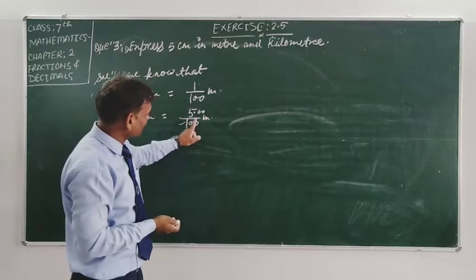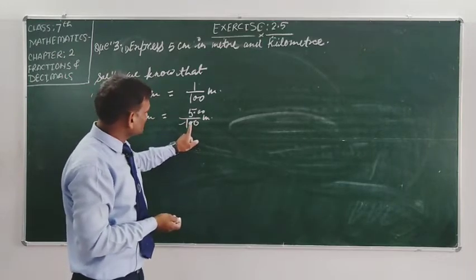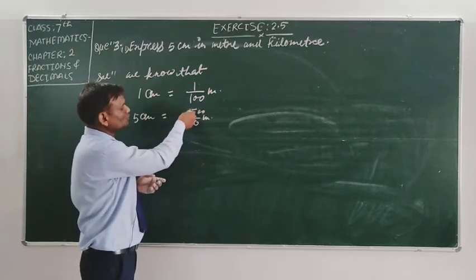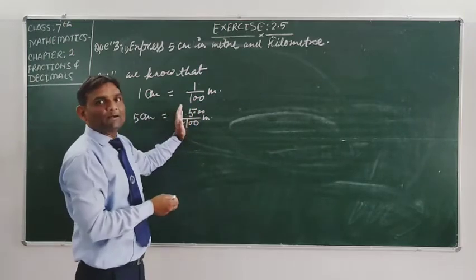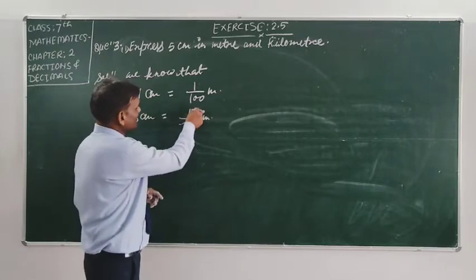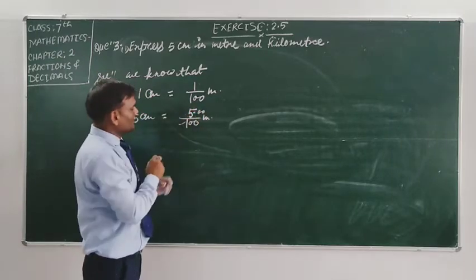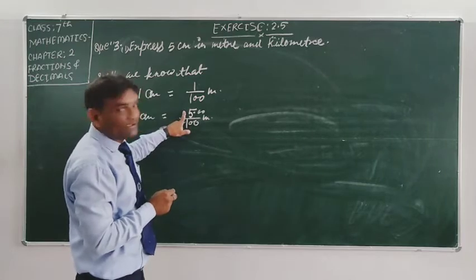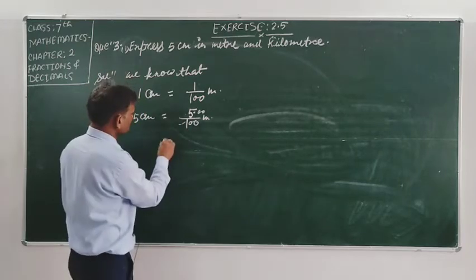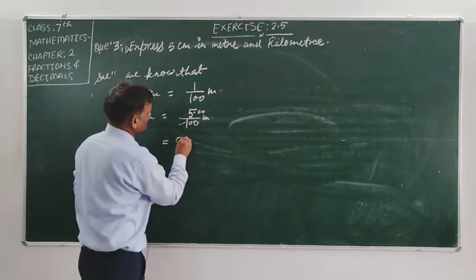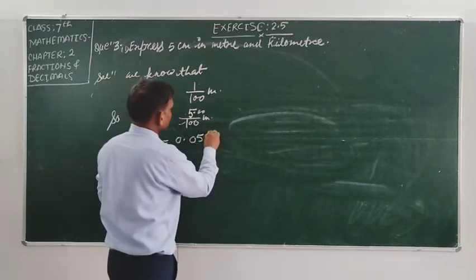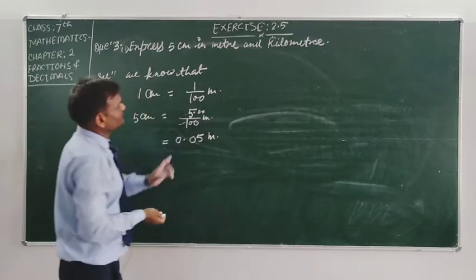Because this 100 has 2 zeros. ये 2 0 ये 100 में है और मैं 100 से डिवाइड कर रहा हूं, तो डेसिमल पॉइंट 2 डिजिट लेफ्ट स्लिप करेगा. एंड वी हैव 1 डिजिट ऑलरेडी, एंड 1 डिजिट कम पड़ रहा है आपको, सो वी इंक्रीज 1 0. सो वी गेट स्टूडेंट 0.05. This is meter.